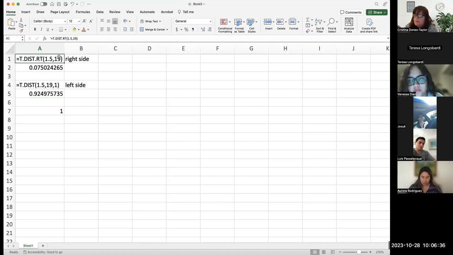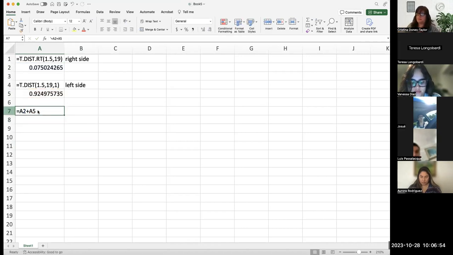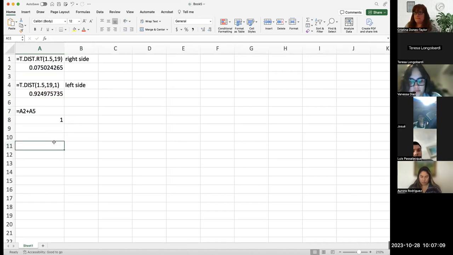Exactly. And so in that example, we would have to write A2 plus A5 gives us the result. You don't have to put it; I'm just showing everybody that they add. But if that was part of your proof, yeah.